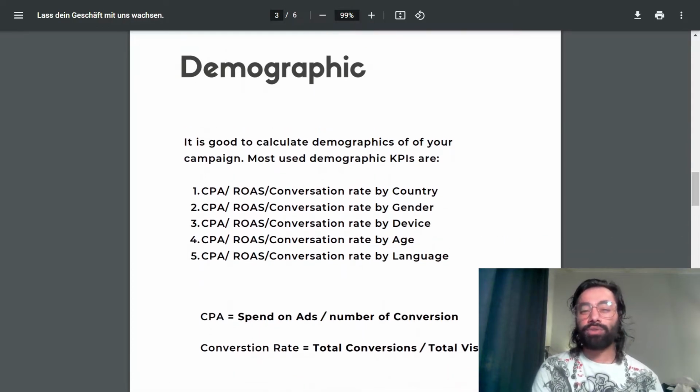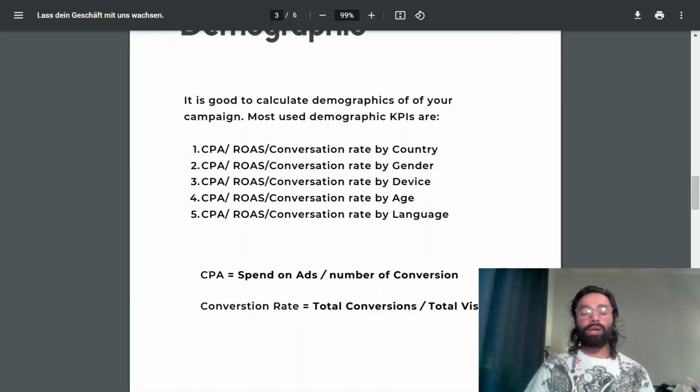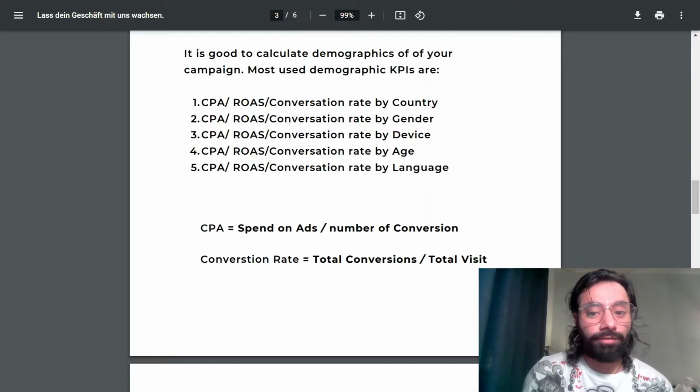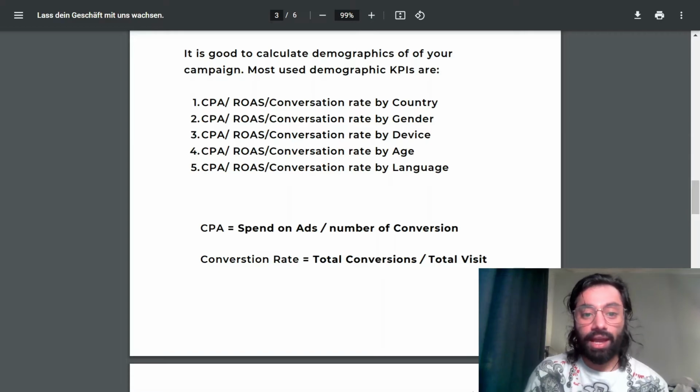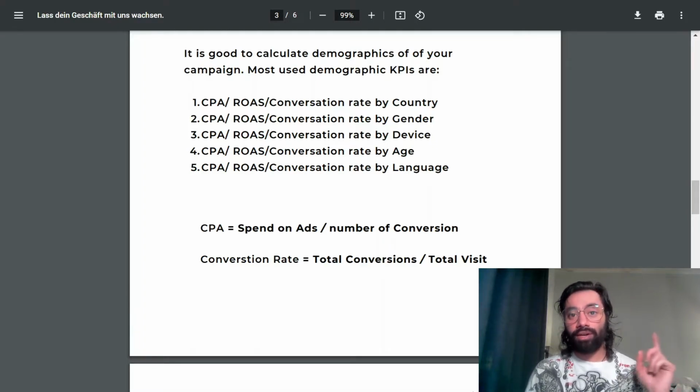The most used demographic KPIs are these: CPA, ROAS, and conversion rate by these demographics. CPA is spend on ads divided by number of conversions. CPA is cost per acquisition, and the other one is conversion rate. Conversion rate is total conversions divided by total visits. ROAS, I have already spoken about ROAS in the first KPI.